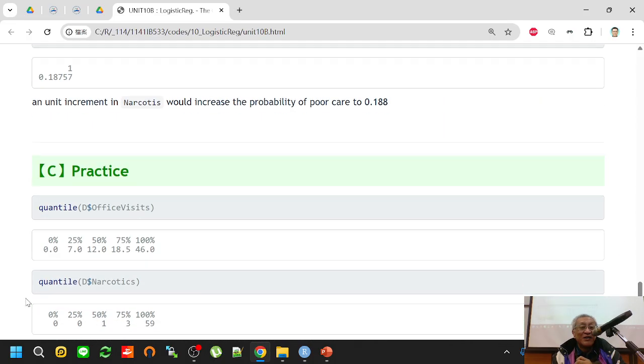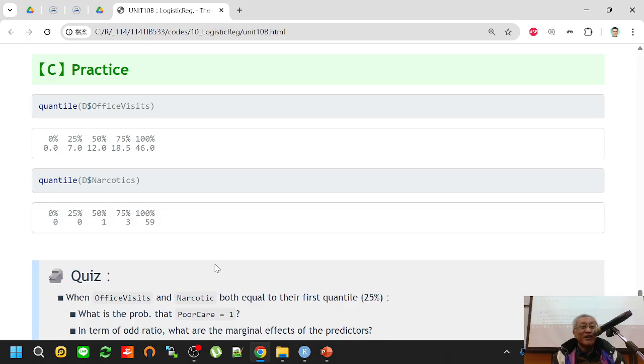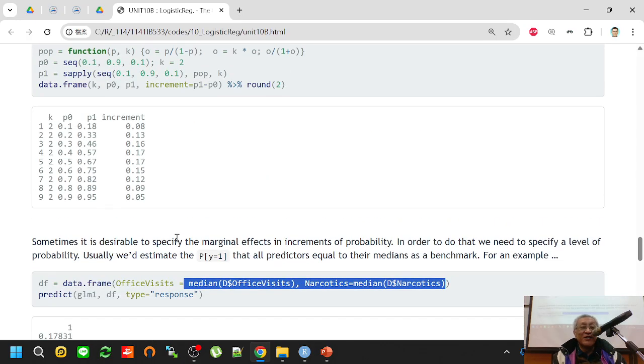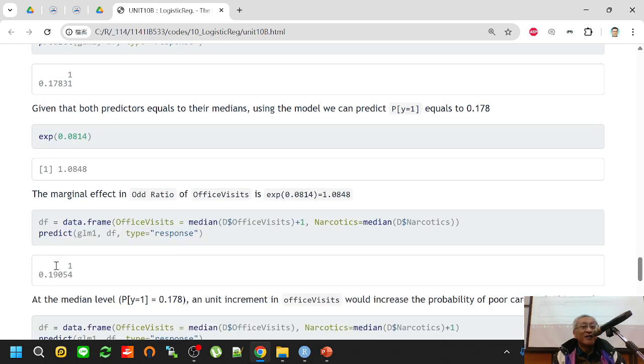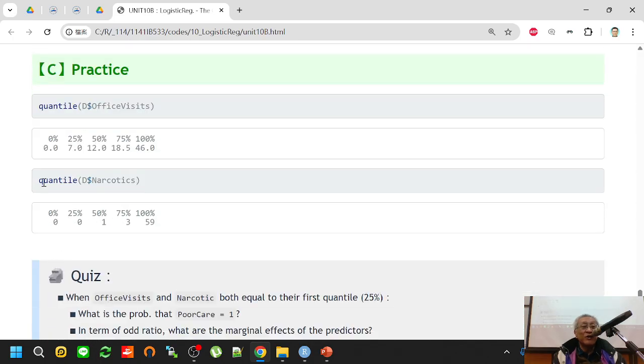So here is some practice. Here I just set the x values, x1 and x2, to their median. Sometimes you want to take a quantile of x1 and a quantile of x2, so that you know their q1, q2, which is the median, and q3.